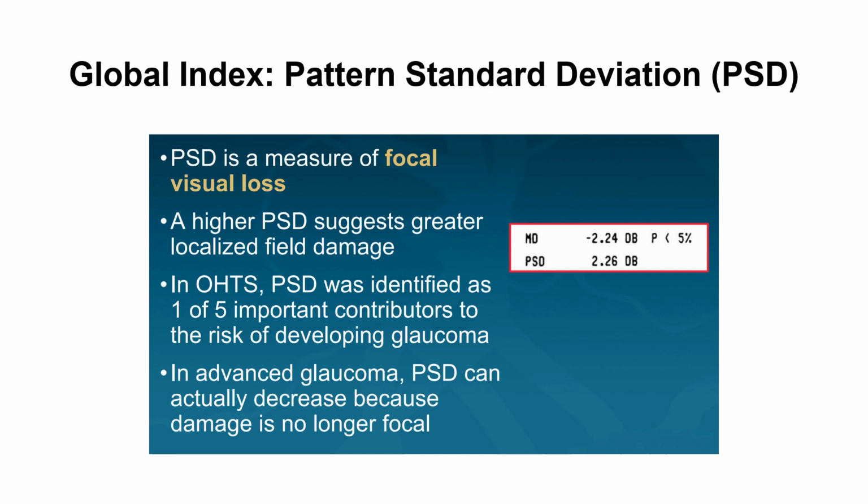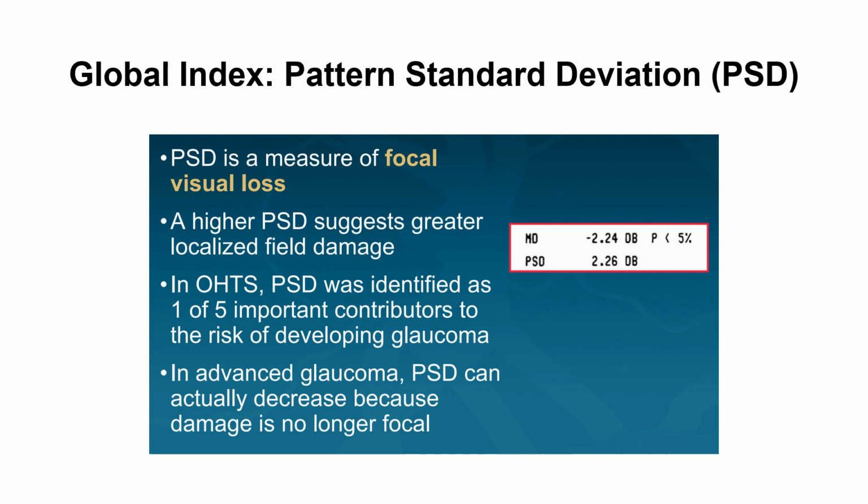which means there is localized field damage. And in the Ocular Hypertension Treatment Study, the PSD, the pattern standard deviation, was identified as one of the 5 important contributors to the risk of developing glaucoma. However, normal patients or those with a severely affected visual field will have a low pattern standard deviation, because in advanced glaucoma the PSD can decrease, as the damage is no longer focal.